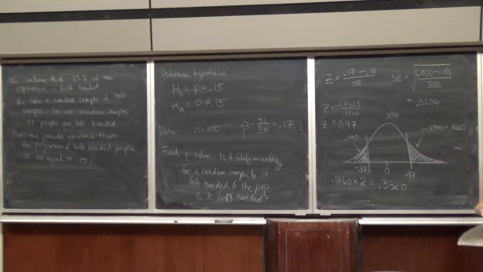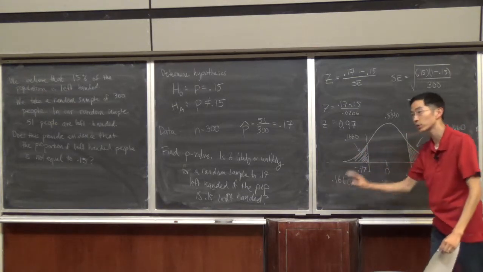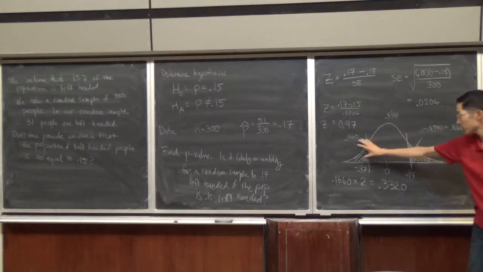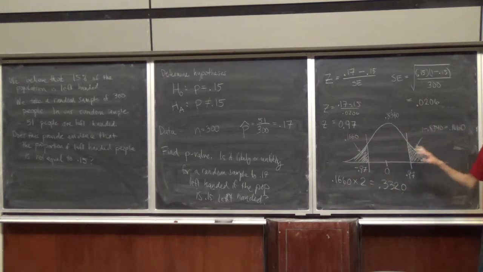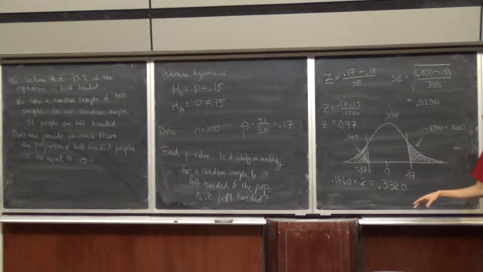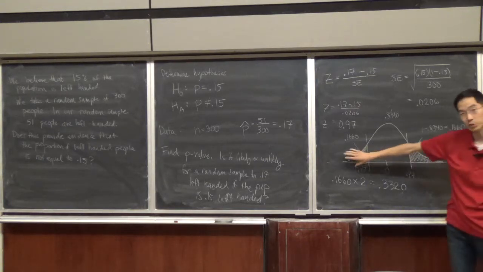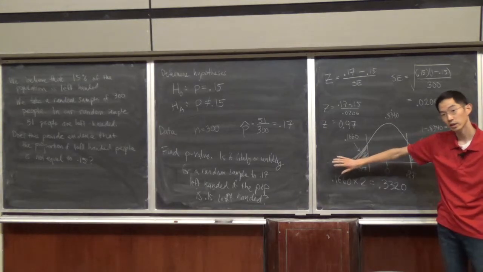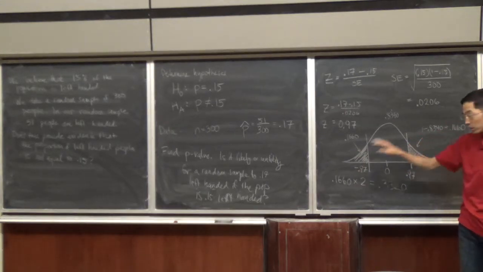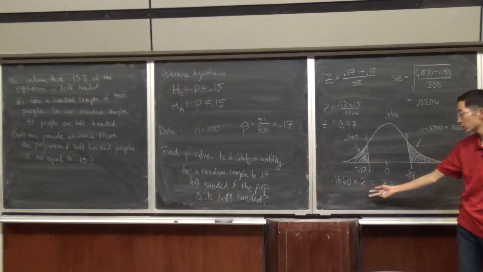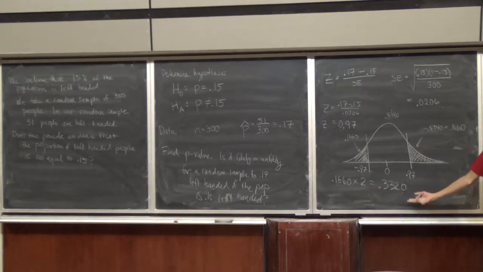I also want this one over here, which is exactly the same size, so I multiply by 2. I have 0.1660 on this side and 0.1660 on this side, and I add them and get 0.3320.